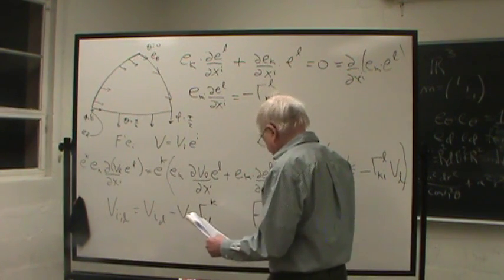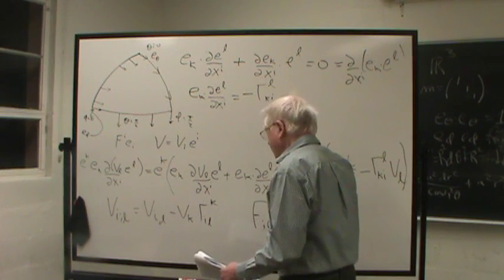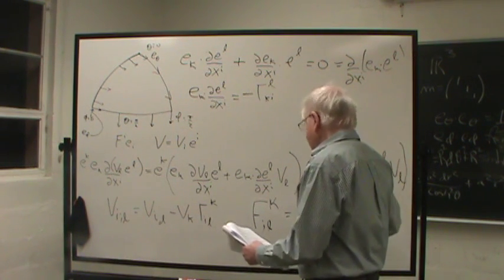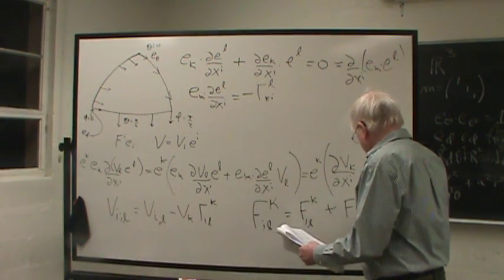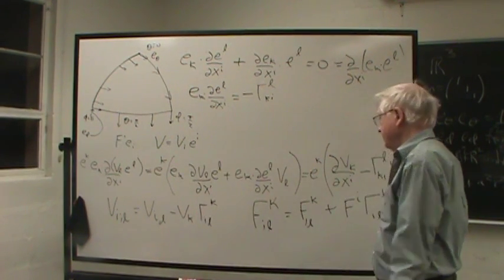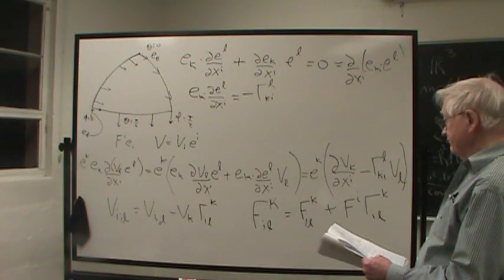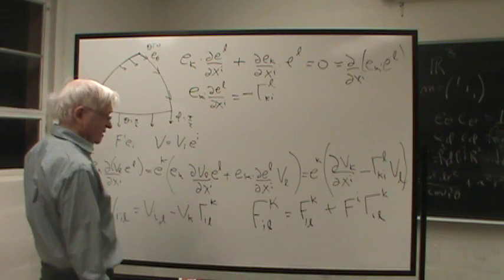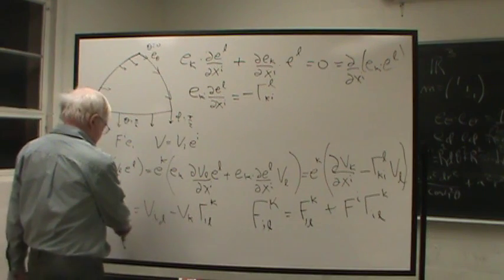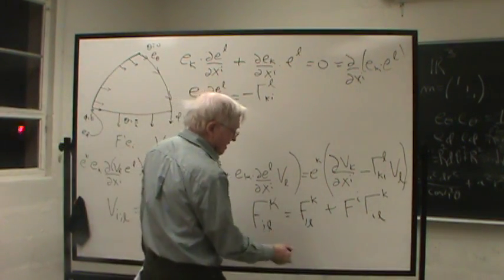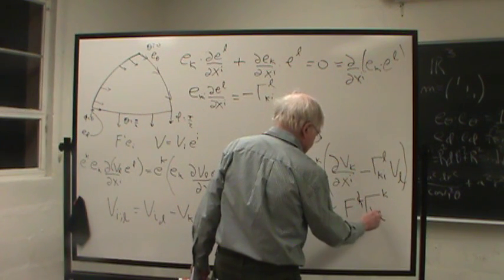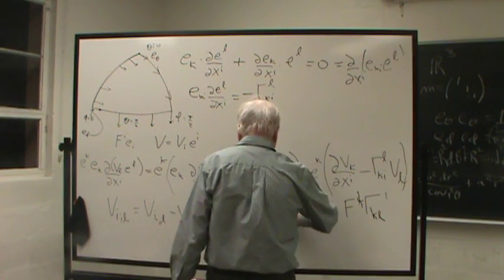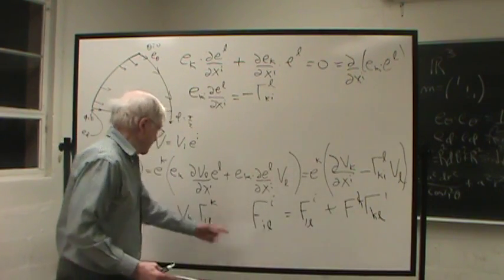In other words, what we had here was Fk semicolon L is Fk comma L plus Fi gamma K I L. Now, to make things a little more symmetrical, since I've got IL here, I'm going to interchange K and I. If I interchange K and I, these become Ks, and these become Is.